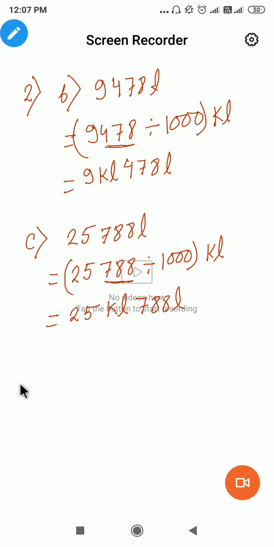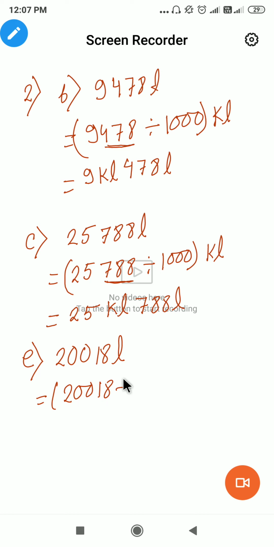And go to another one, question number E. Question number E is given 20,018 liter. Now go to the same procedure. You have to divide with 1000. Look how many zeros are here? 3 zeros.